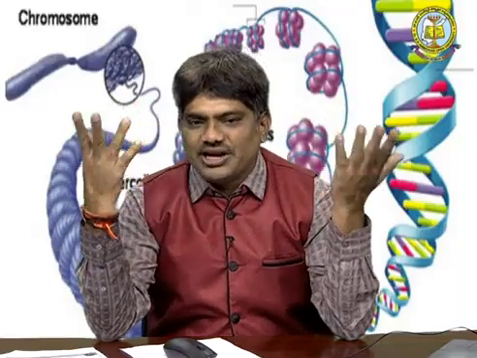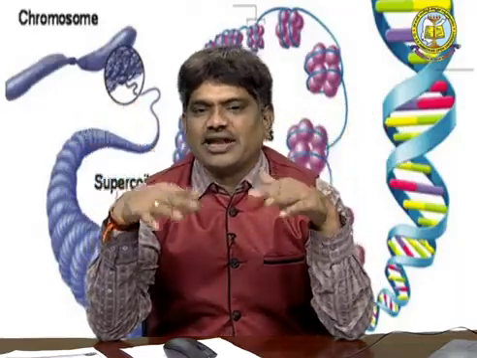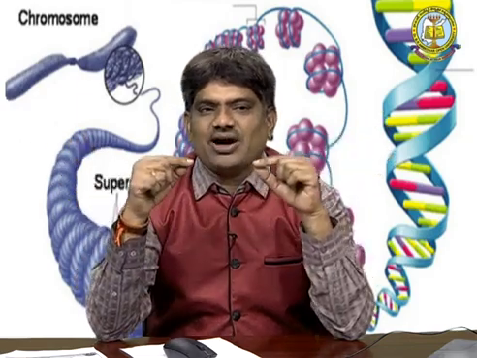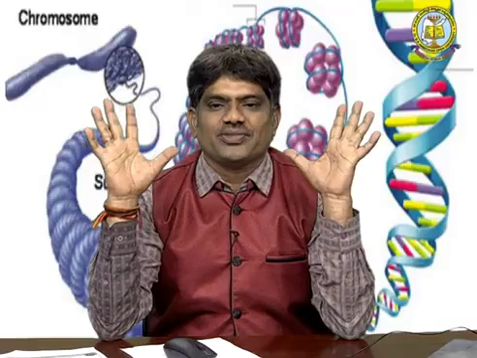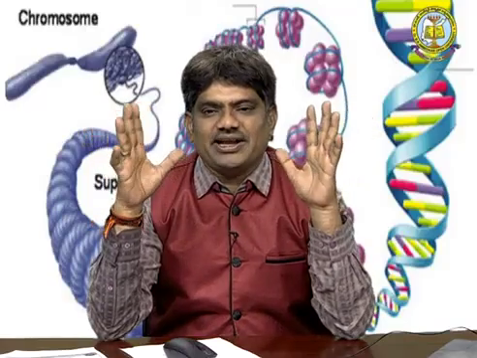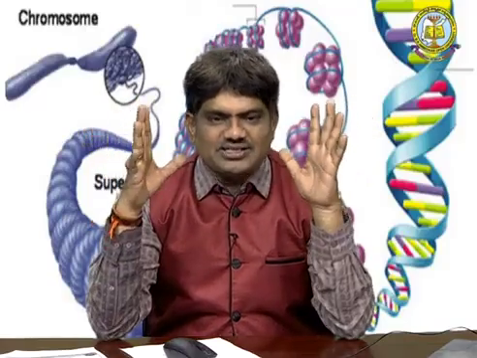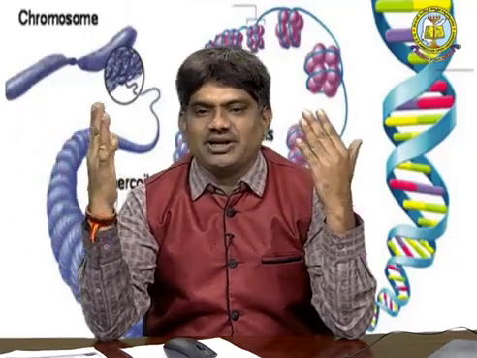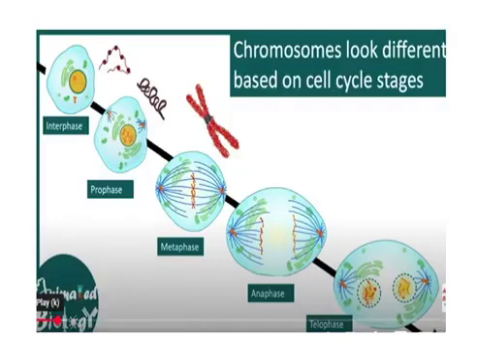Whenever it is going into interphase, that means going to take further divisions, it appears like a small chain thread like structure. And when the S phase is completed and it goes to metaphase, the division phase, it forms thick chromatid fibers.